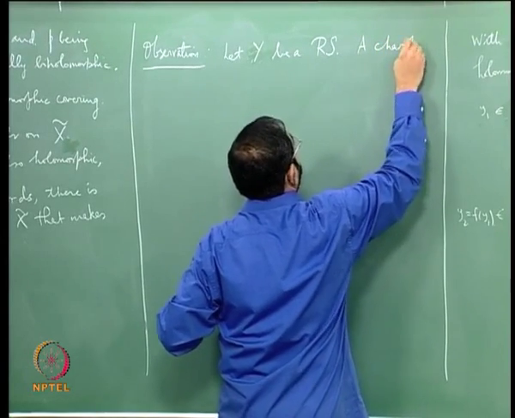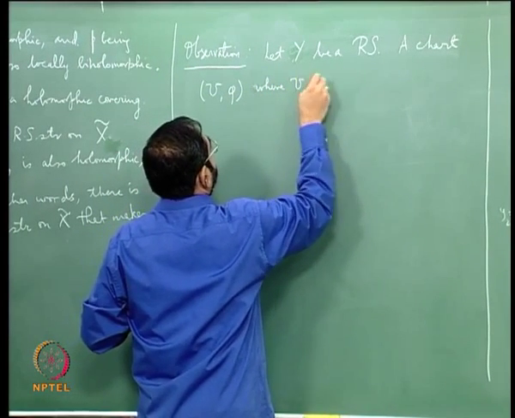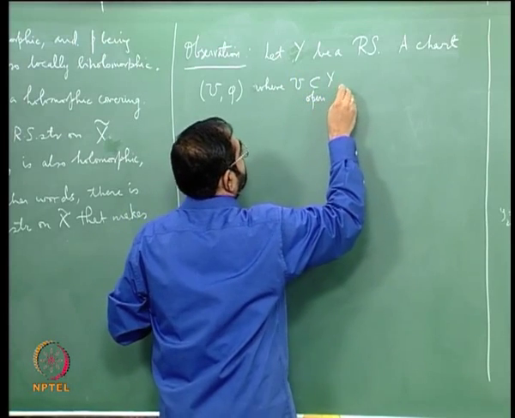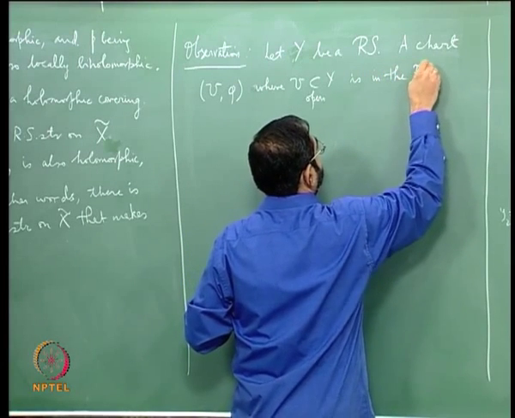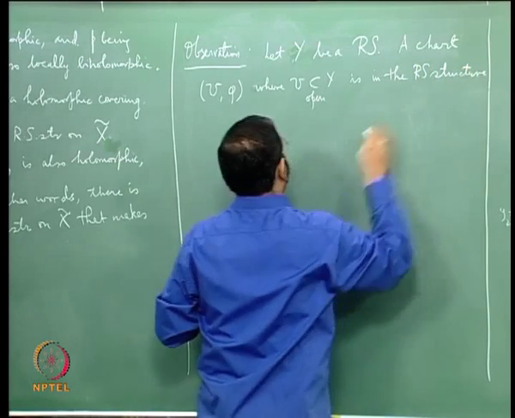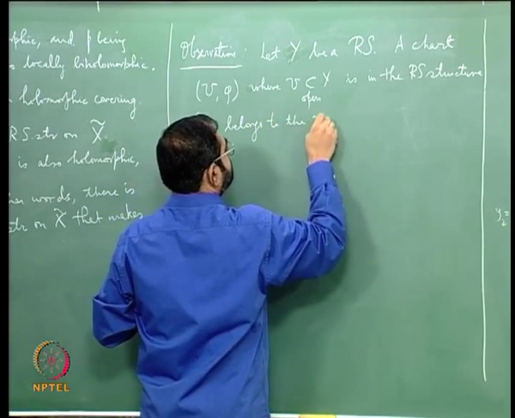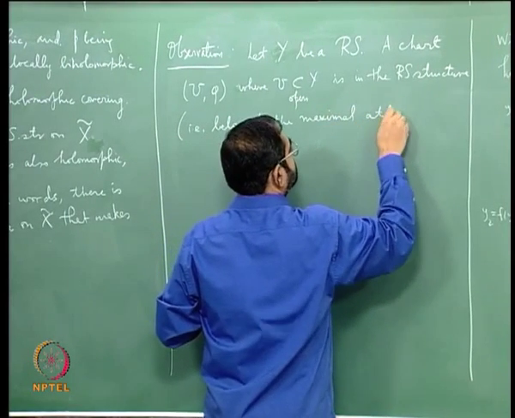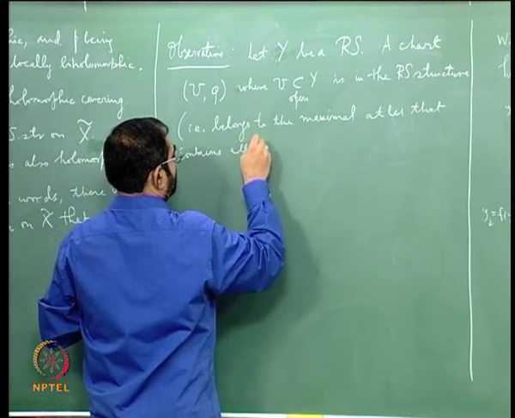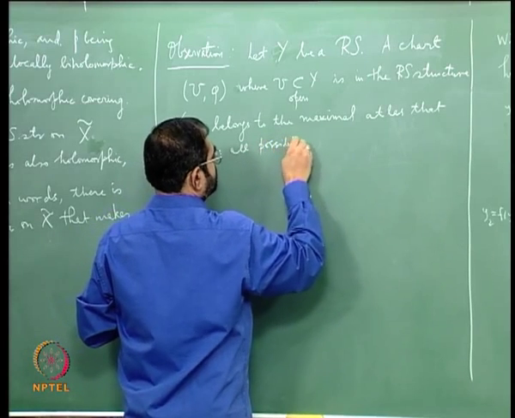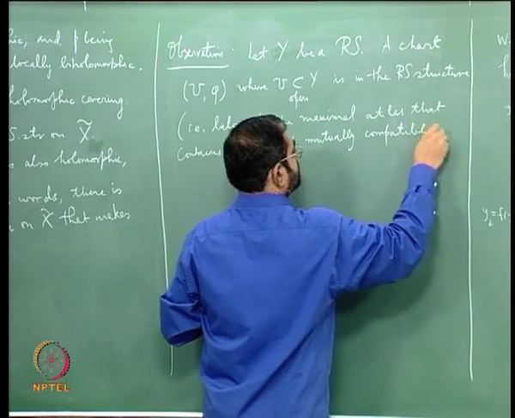A chart (U, phi) where U in Y is an open set is in the Riemann surface structure, that is, belongs to the maximal atlas that contains all possible mutually compatible charts.